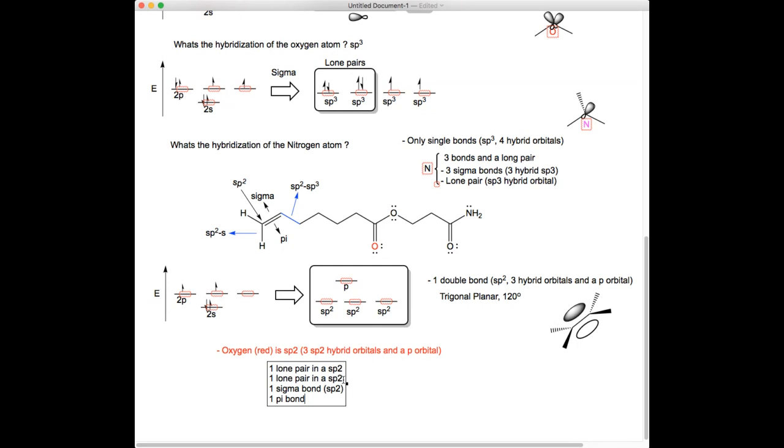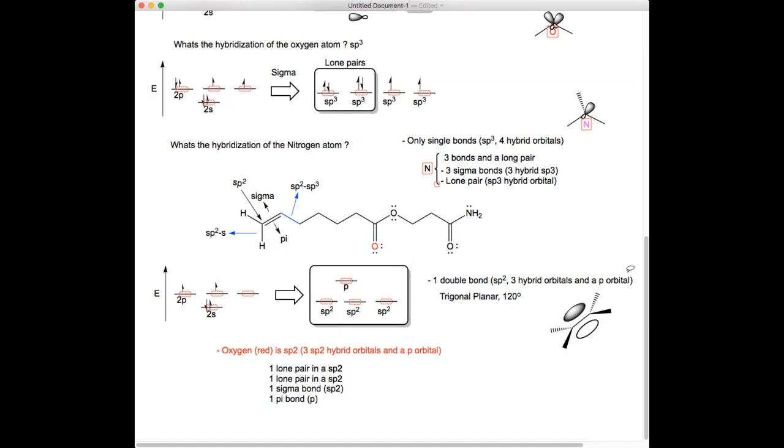There is also 1 pi bond with a pure p orbital. Those are the 4 orbitals in the valence shell of this oxygen, because it's sp2 hybridized. It has 3 hybrid orbitals.